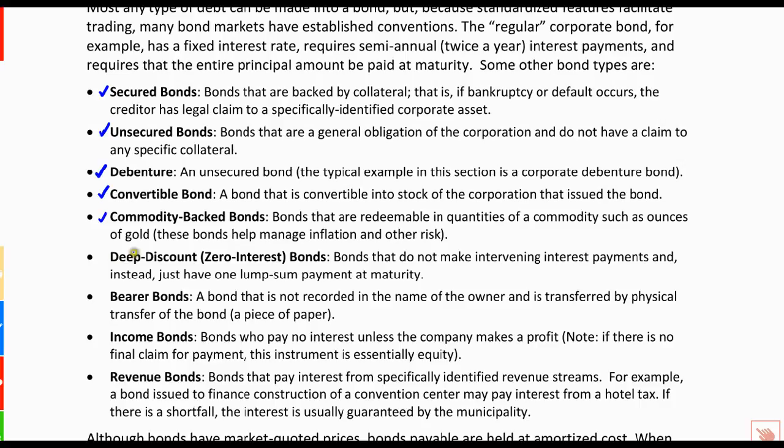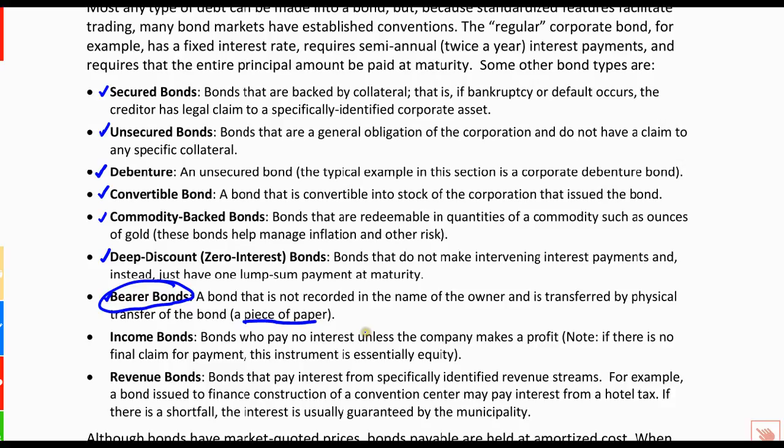We talked about zero interest bonds. They're also what are called deep discount. So there might be a small token amount of interest, but nowhere near the market rate. Bearer bonds. Oh, I like these. These are kind of cool. It's not recorded and is transferred by physical transfer of the bond, which is a piece of paper.